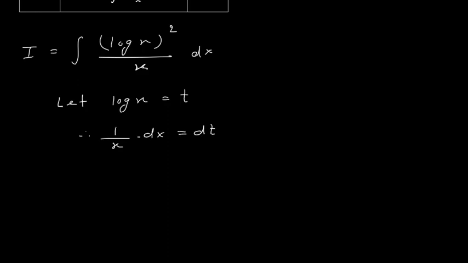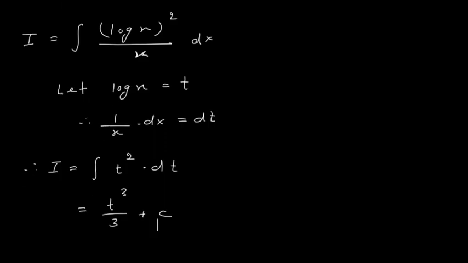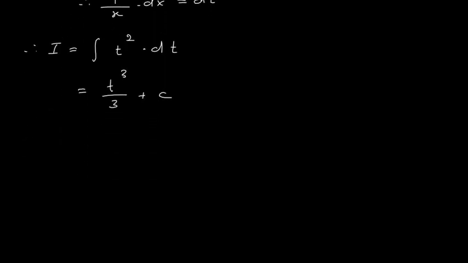So I is equal to integration of t square into 1 upon x dx, which you will write as dt. So your final answer will be t cube divided by 3 plus c. Now in place of t cube, I will say it is log x the whole cube divided by 3 plus c. This is our integration I.